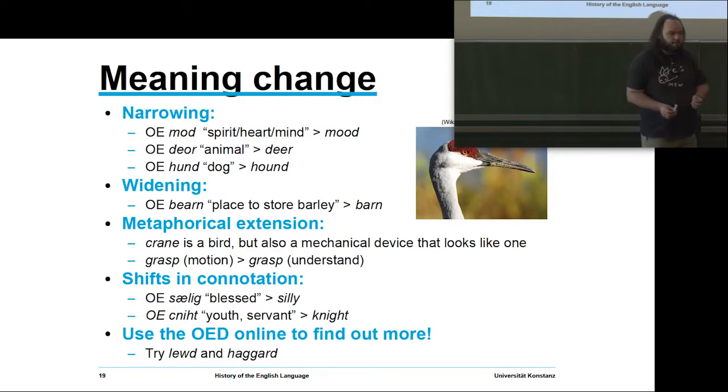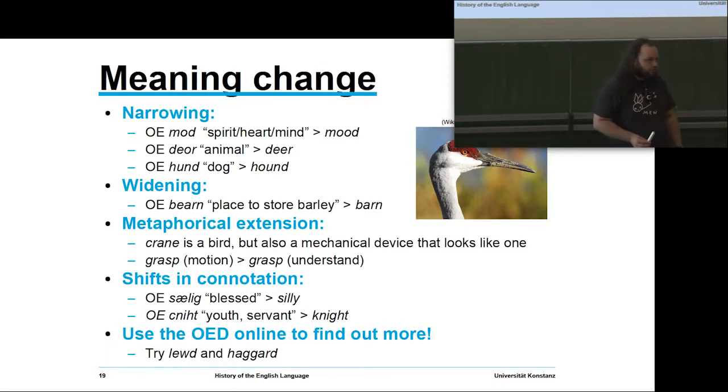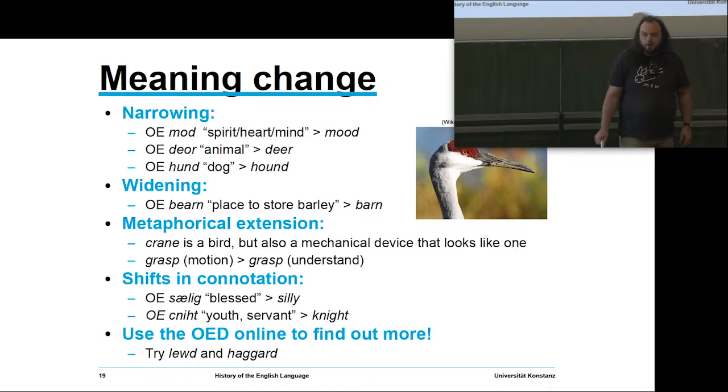Often words narrow in their meaning over time. So the Old English word mod, which I talked about earlier on, in compounds like modhord and modcraeftig, this word originally means something like spirit or heart or mind or soul even, depending on how you want to interpret it. And in modern English it comes to just mean mood, which is a much narrower notion.